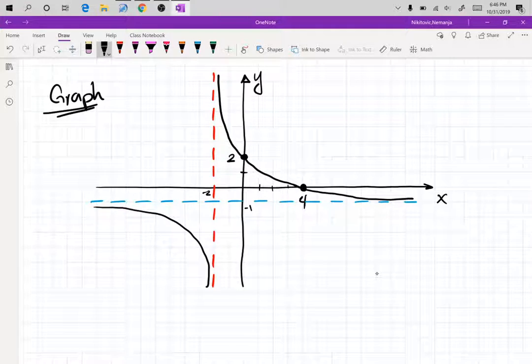Then you will have a separate problem, different function, second derivative test. And then you will have the third problem where all of the calculations are already done for you. You will have to look at the information provided and just draw the graph.